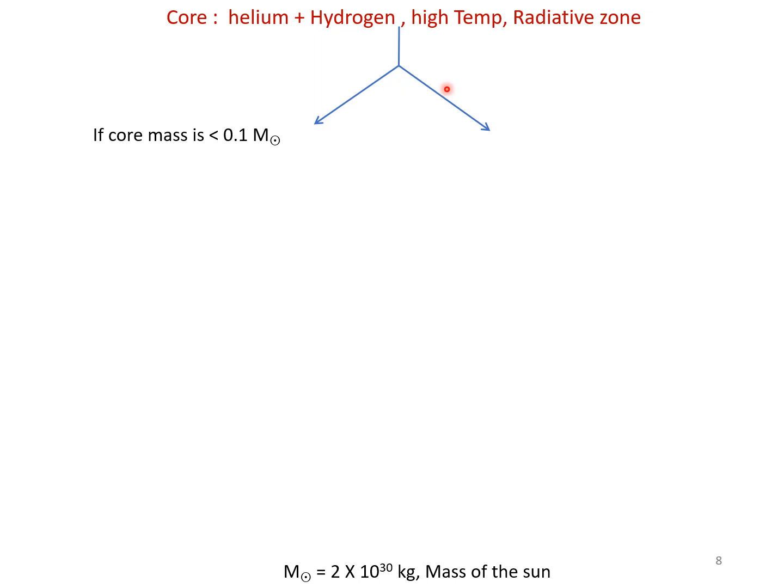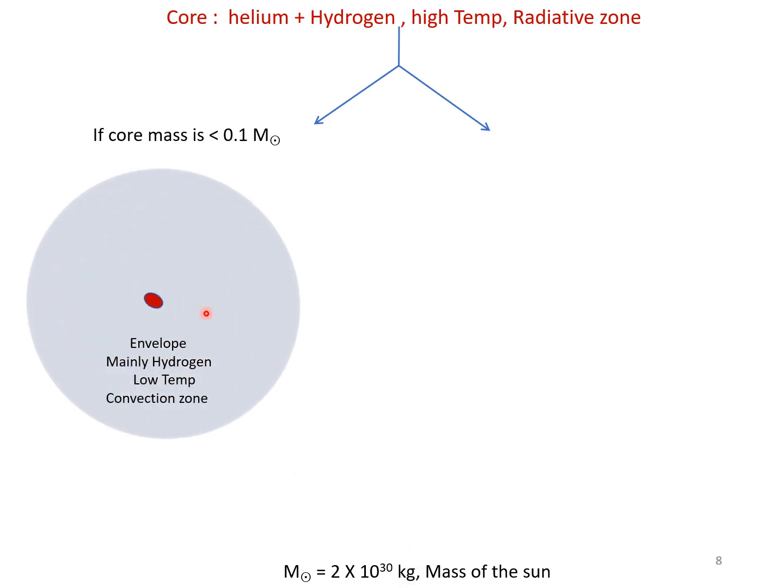In general, we say if the core mass is less than 0.1 times the solar mass, where M sun refers to 2 × 10^30 kg, then it may result in the accumulation or the envelope of hydrogen atoms.